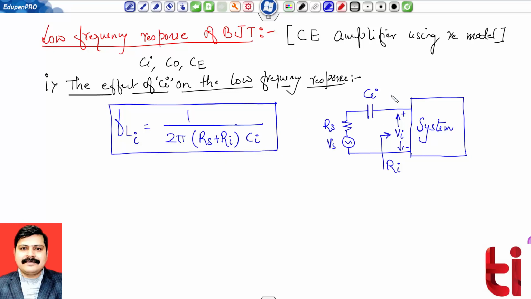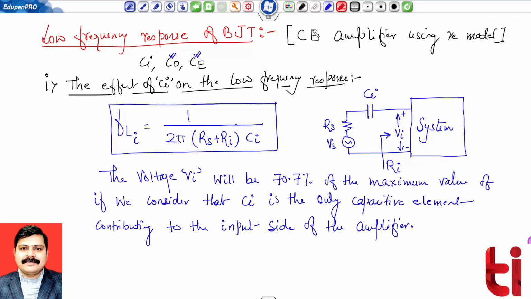Meaning, we are assuming that the remaining two capacitances, the output capacitance and emitter bypass capacitance, are short circuits, and the only capacitance on the input side is Ci.